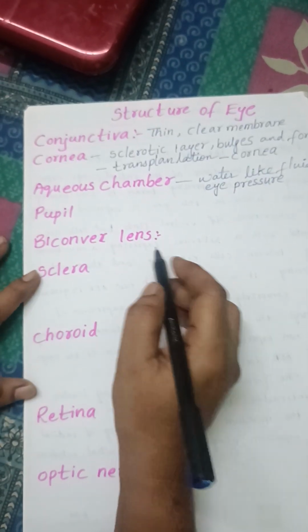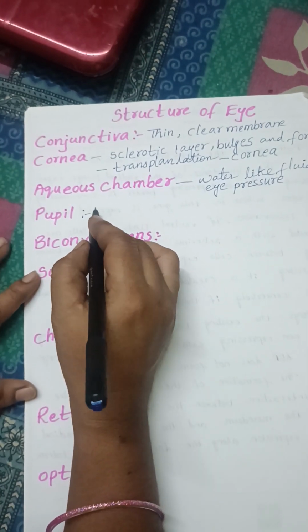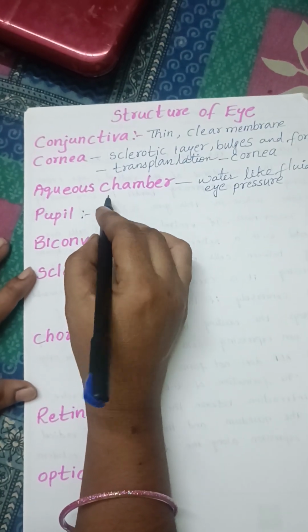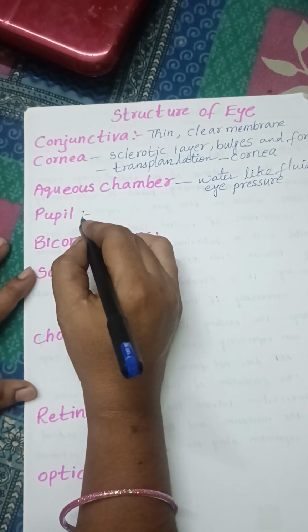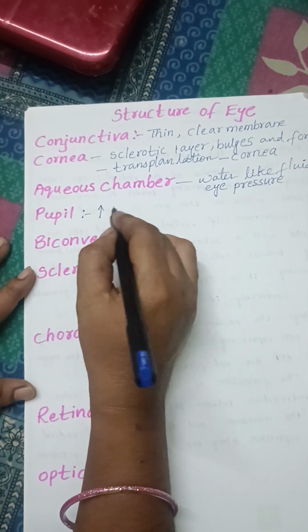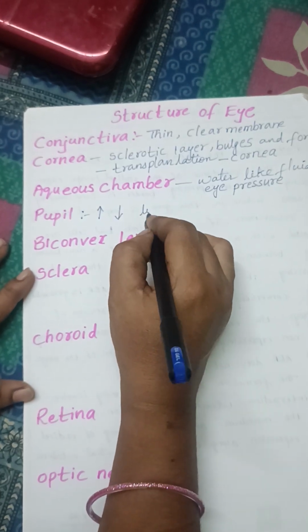Next, pupil. So actually the size of the pupil sometimes increases and decreases. Why? Because it depends upon the light intensity.